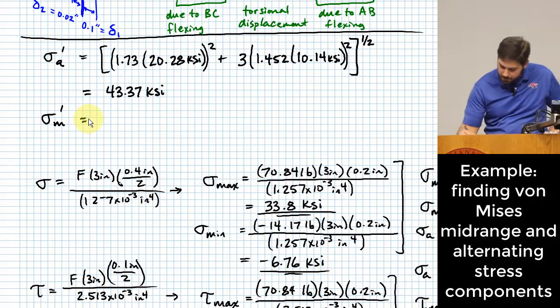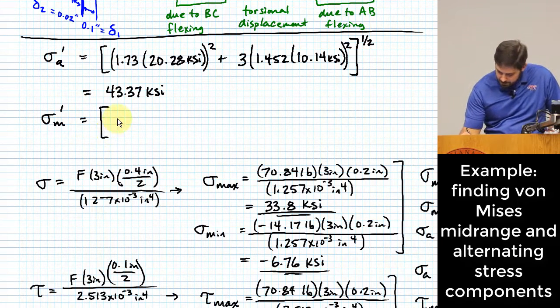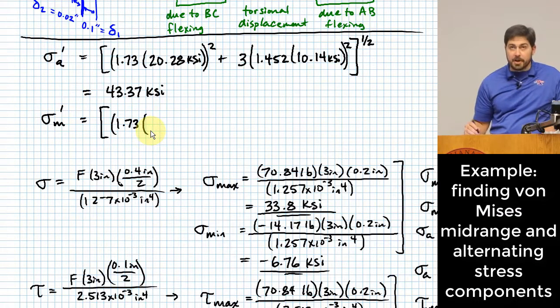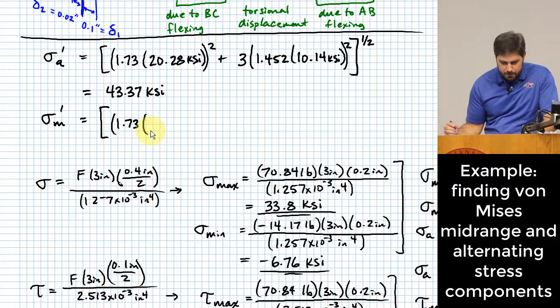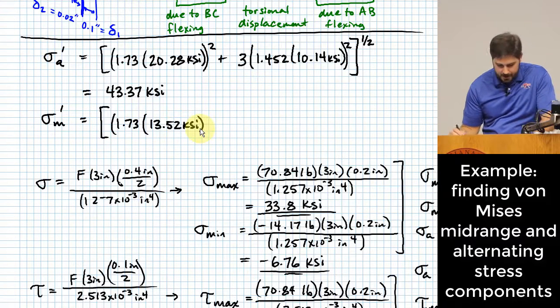Okay, the mid-range component looks very similar. We put in 1.73 times our mid-range component of bending stress, which was 13.52 KSI. This will be squared.